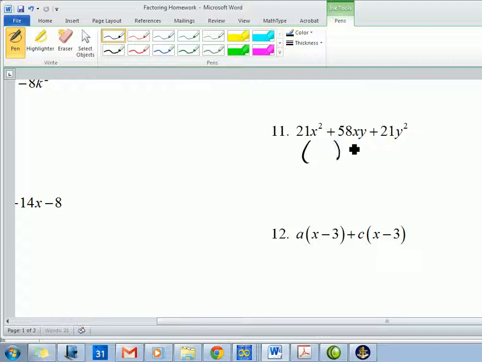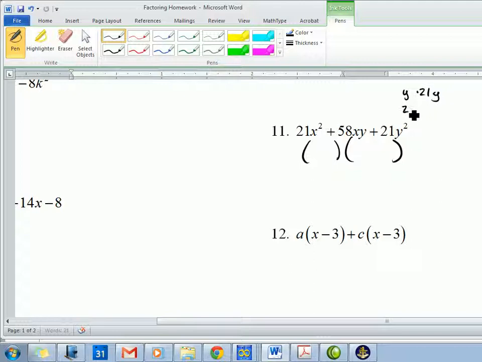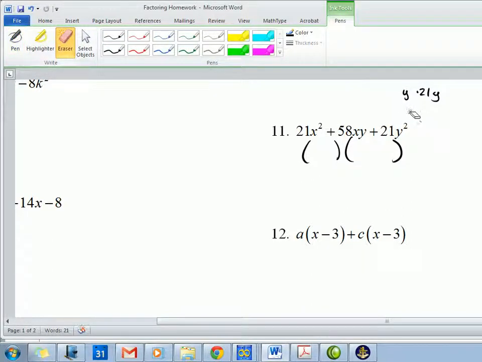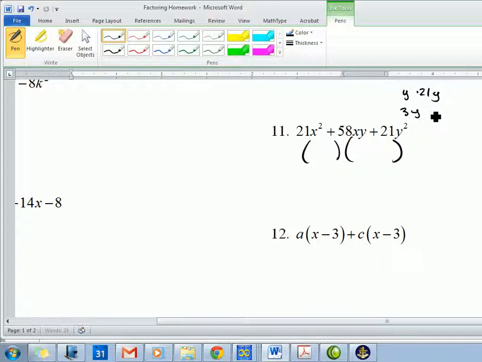Oh man. All right. So let's factor the 21y squared. I'll start with y and 21y. That works. Some more that work. Nope, 2y doesn't work. How about 3y times 7y? That works.